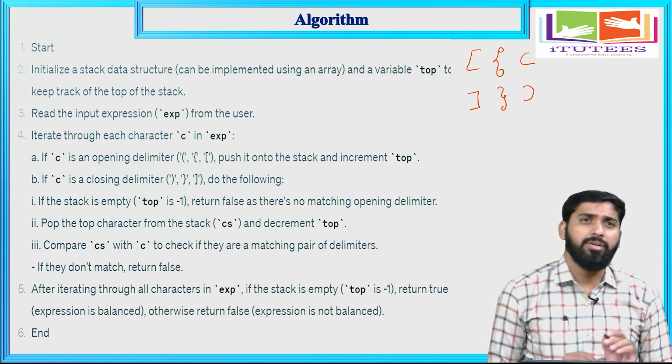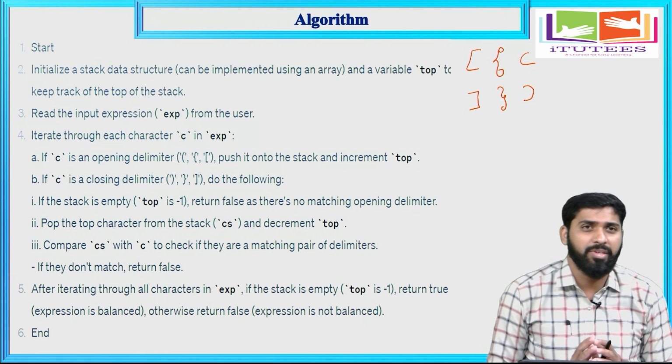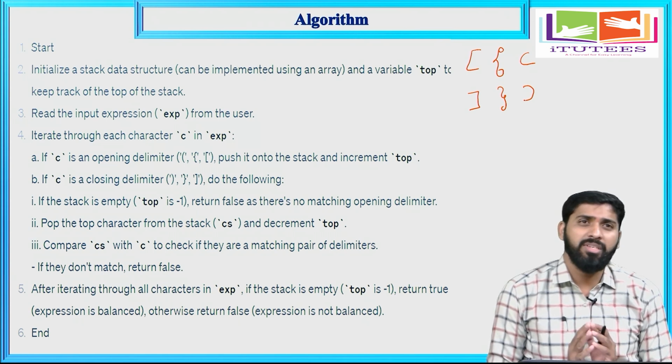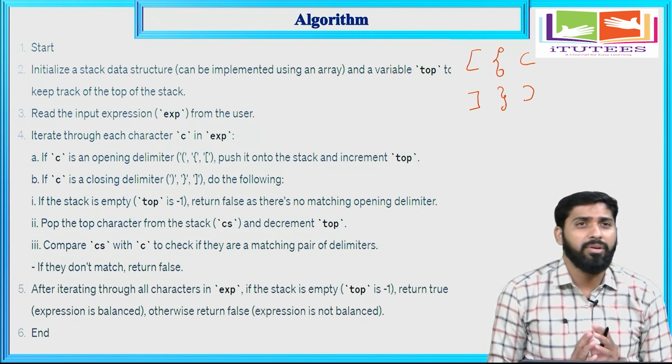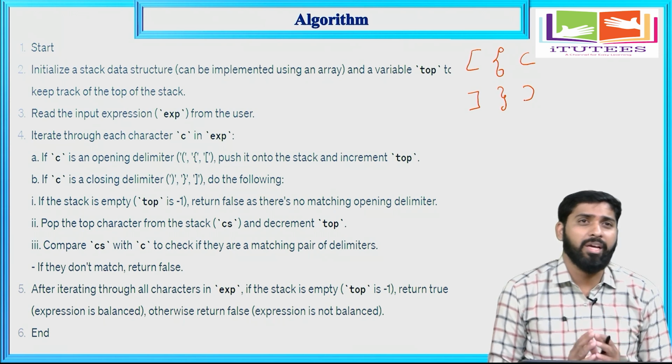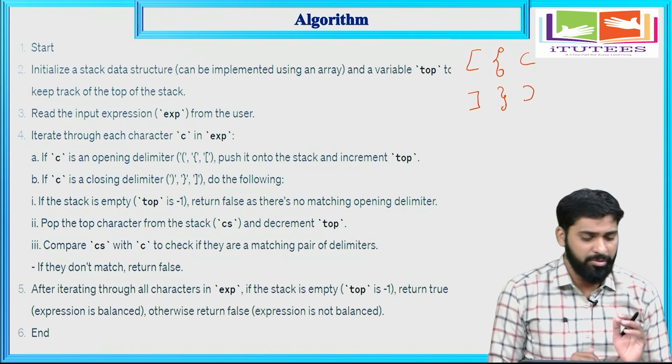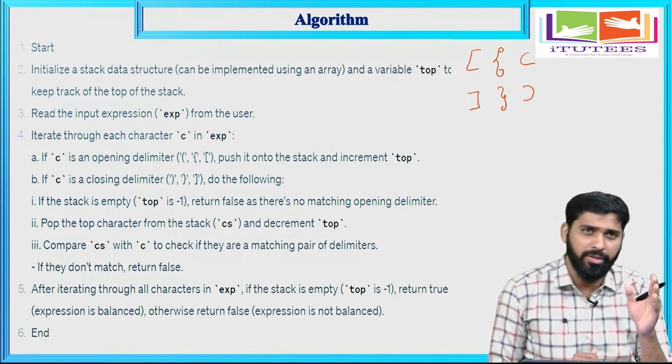These are the 6 symbols we have. Now by using a stack we are going to determine whether the given expression is balanced or unbalanced. How? Remember only 2 points.